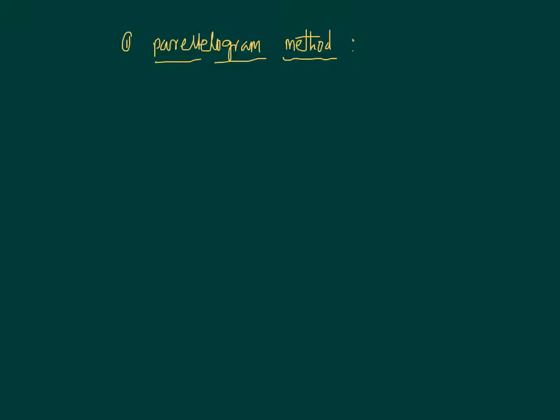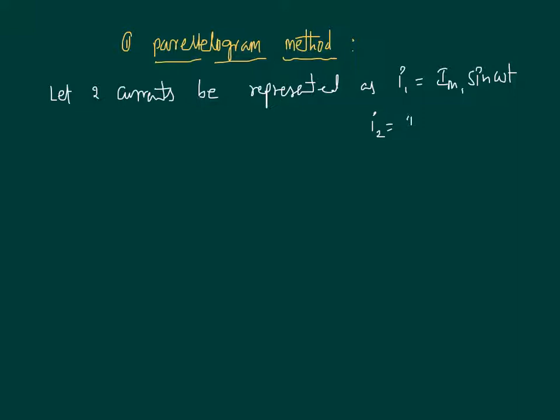Let two currents be represented as I1 equal to Im1 sin omega t and I2 equal to Im2 sin(omega t plus theta), and these two currents have to be added.